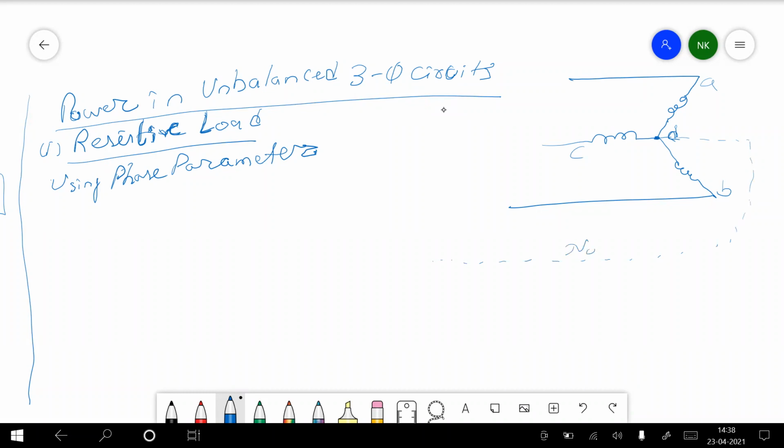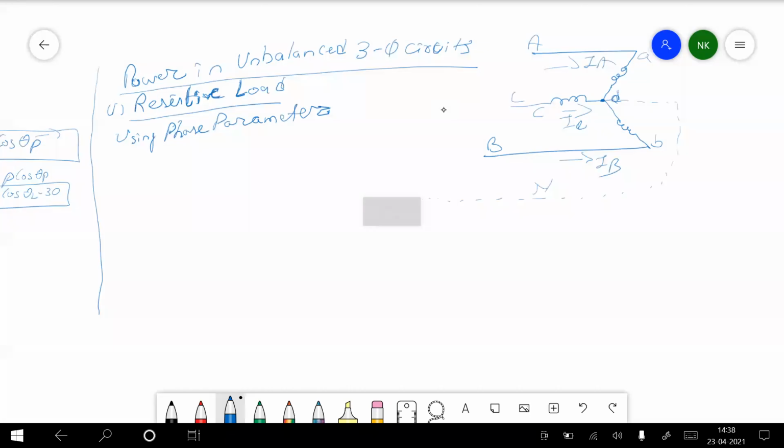Okay, let's write it as N, only N. This is your A, this is your C, this is your B. So current would be I of A, I of C, and I of B.